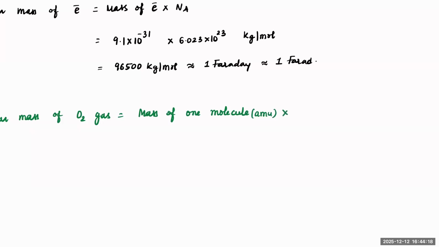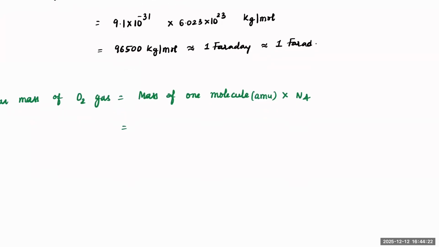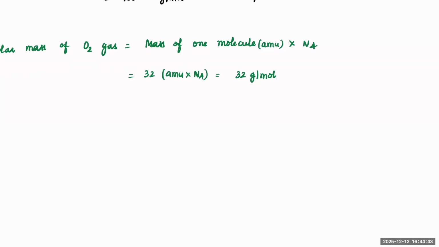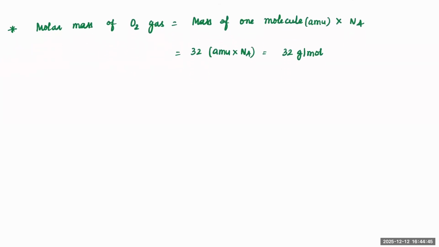So that into Avogadro's number, correct? And you know that this is 32 AMU into Na. Do you remember this value? 1 AMU into 1 Na is equal to 1 gram. Yes, so gram per mole. So therefore, this is going to be 32 gram per mole. Okay. So that becomes the molar mass of O2.